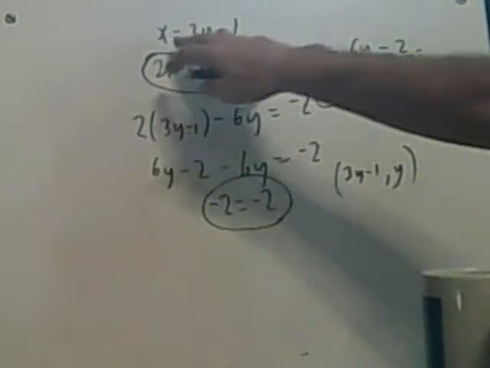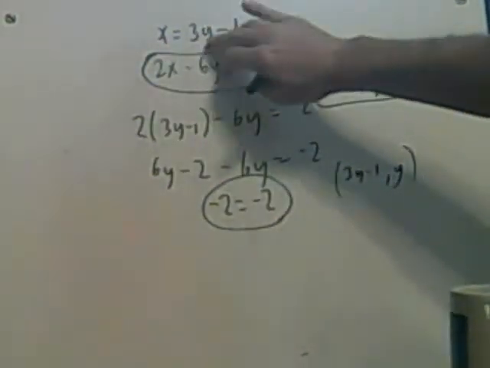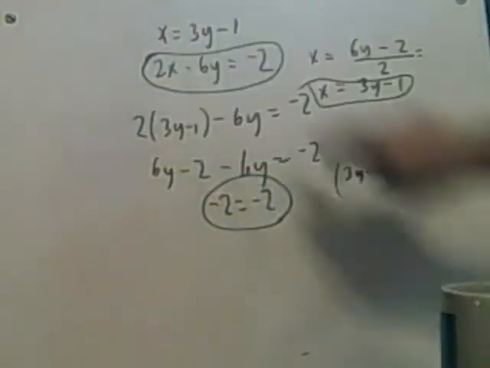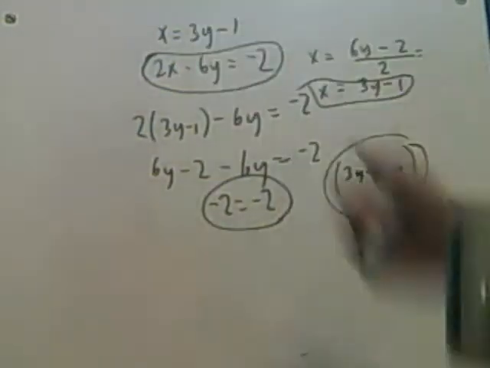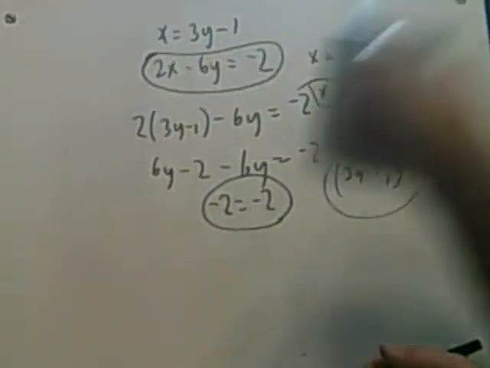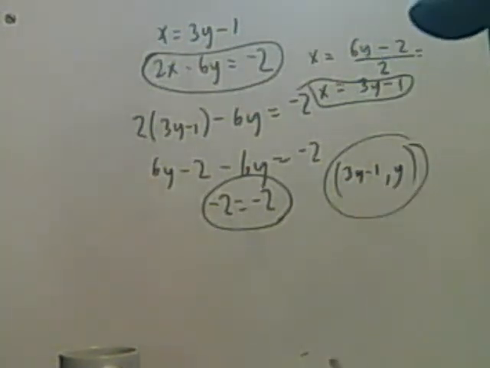Because for a y coordinate of y, the x coordinate is 3y minus 1. This would be a solution of both of these equations for any value of y. But all they might want to know is that there are an infinite number of solutions, rather than to actually list them. You can't list an infinite number of solutions. So, okay, that was number 24.